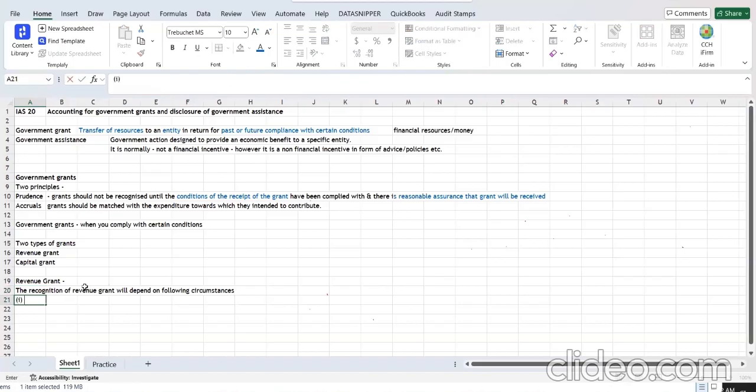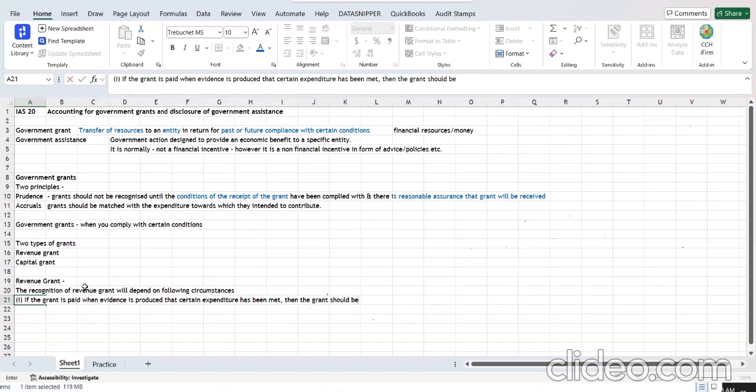First, if the grant is paid when evidence is produced that certain expenditure has been met, then the grant should be matched with that expenditure.